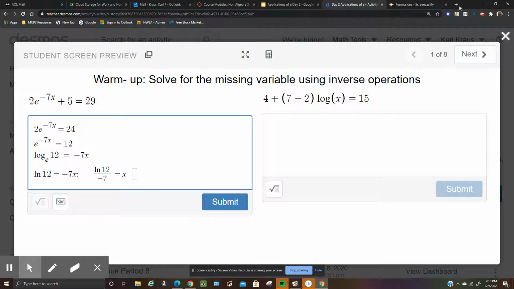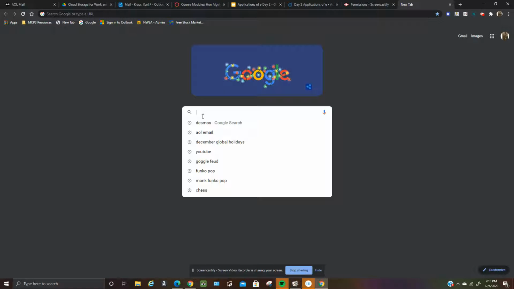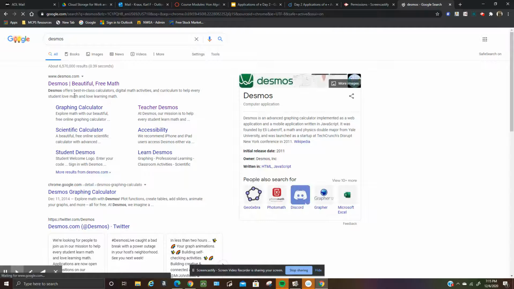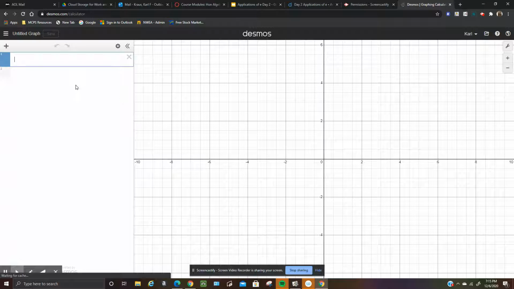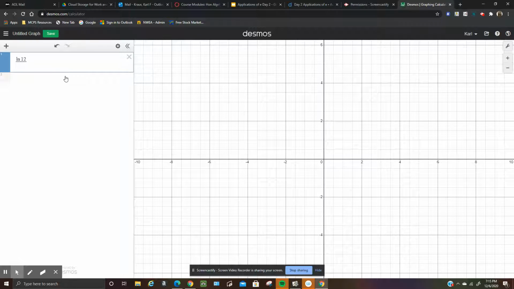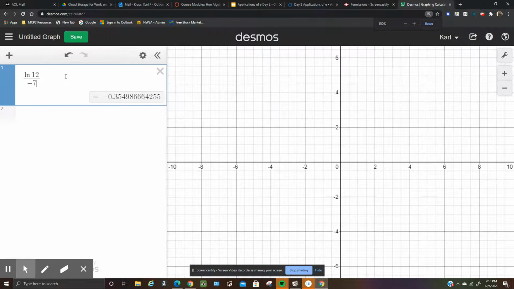So if I go to the Desmos calculator, natural log of 12 divided by negative 7 is negative 0.3550 to 4 decimal places.